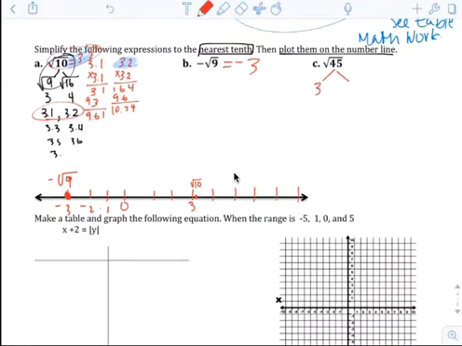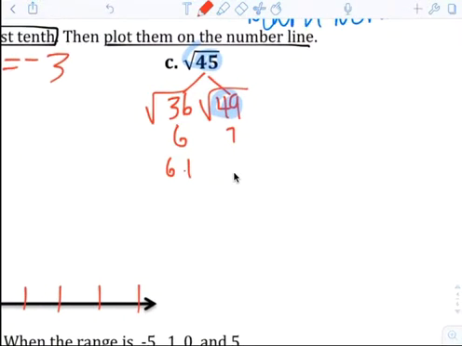And this one here is between 36 and 49, right? Closer, obviously, to 49. So your answer is between 6 and 7. So 6.1, 6.2, 6.3, 6.4, 6.5, 6.6, 6.7, 6.8, 6.9.